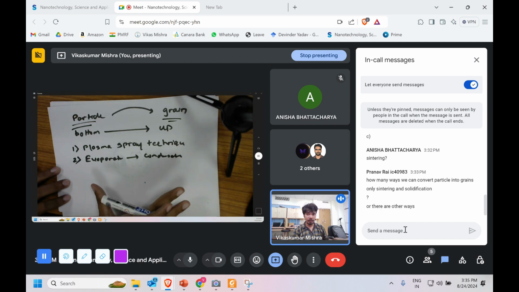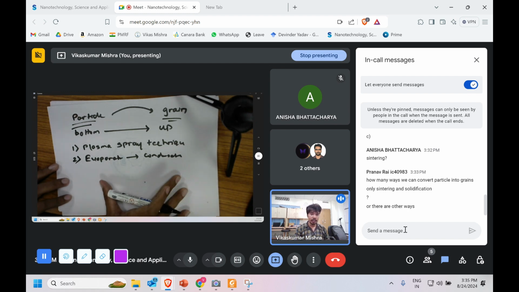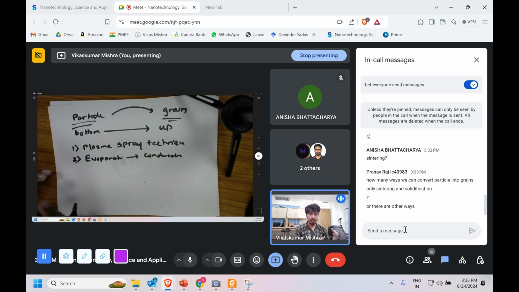Nature uses this type of method to create nanoscale samples having a smaller grain size, and it can go even further. Later on we can get a bulk sample which is nanoscale. So evaporation and condensation is also one of the techniques.